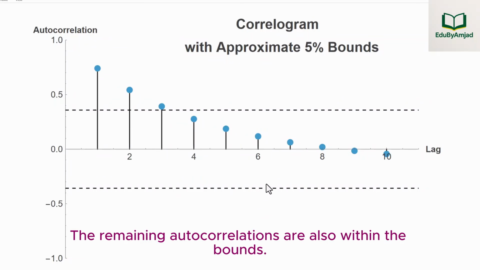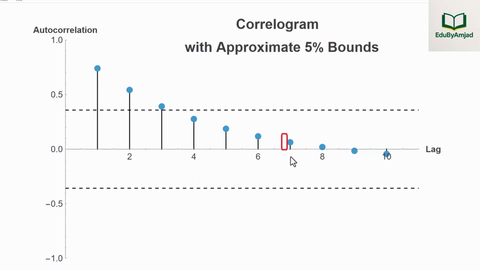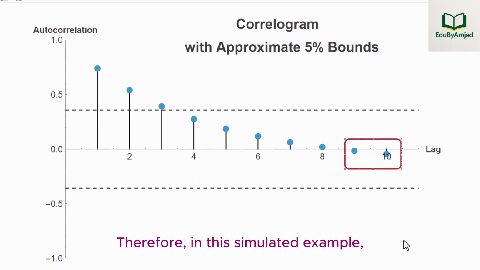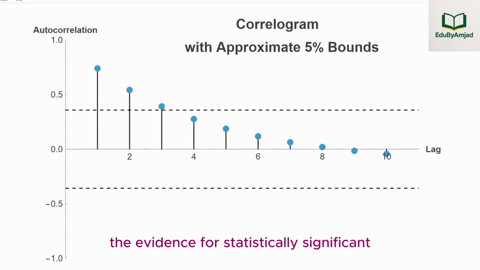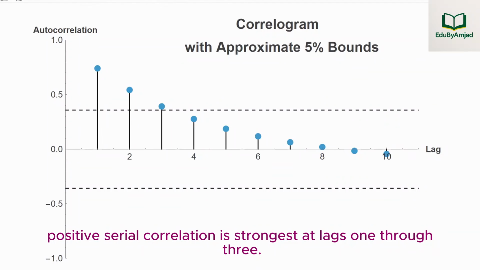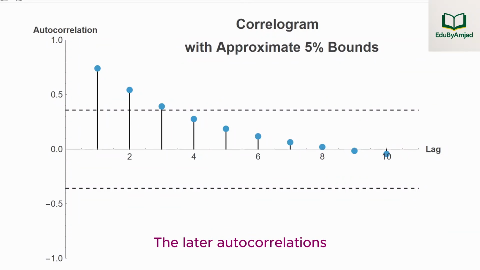The remaining autocorrelations are also within the bounds. Therefore, in this simulated example, the evidence for statistically significant positive serial correlation is strongest at lags 1 through 3. The later autocorrelations are smaller and do not provide sufficient evidence of a non-zero population autocorrelation at the 5% level.